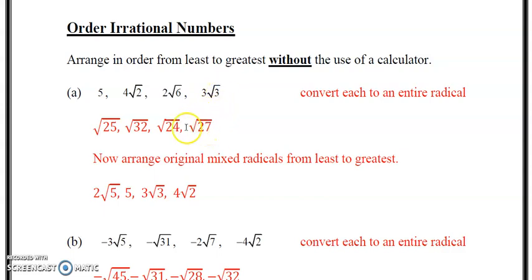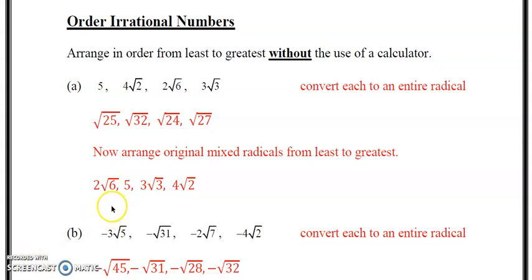So now we take these and we order them from least to greatest. So obviously the square root of 24 is the smallest, so 2 root 6 comes first. That should be a 6 right here. I will fix that right now.